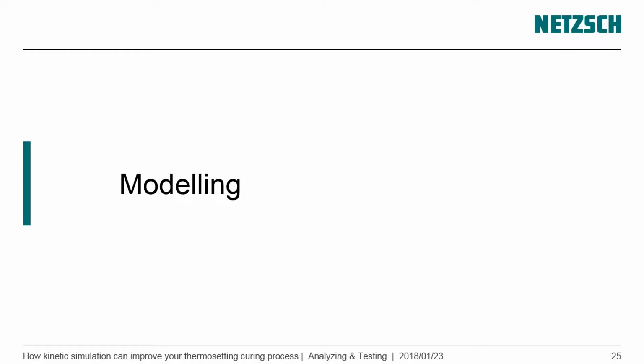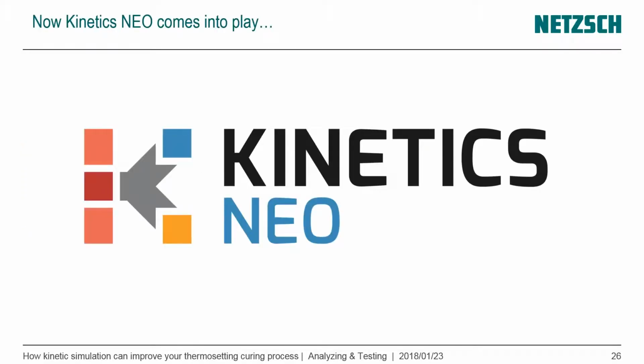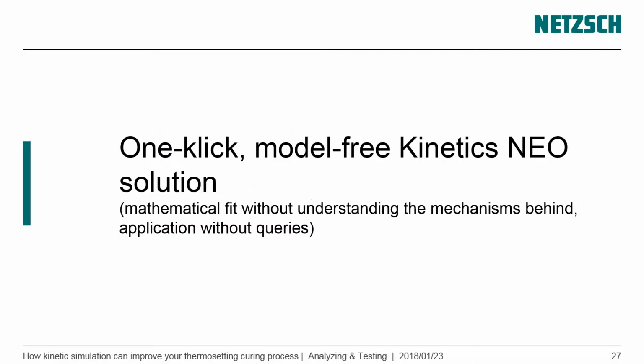And now Kinetics NEO comes into play when we model these data. For modeling these data, we have two options. The first option is for the unexperienced users. So the first option is really a one-click model-free Kinetics NEO solution. What does model-free mean? Model-free means that the measurement data are fitted with any mathematical model, but you won't get a good understanding of the chemical processes behind.